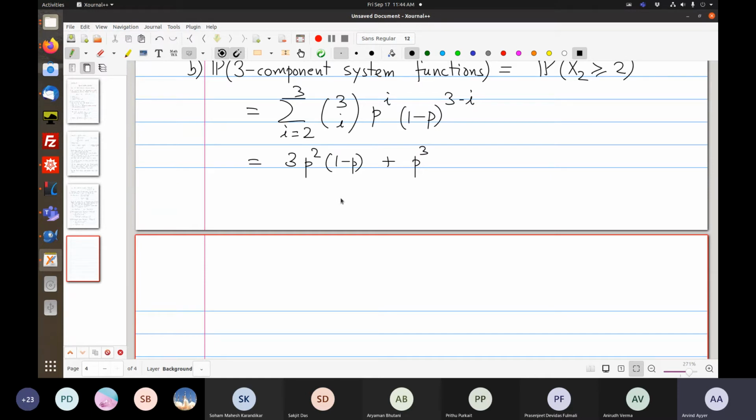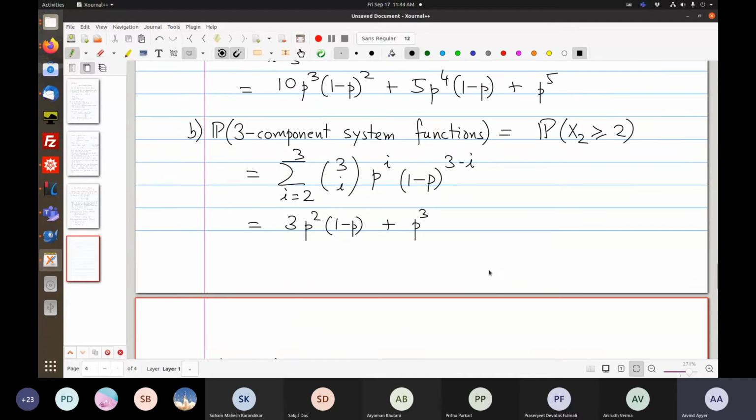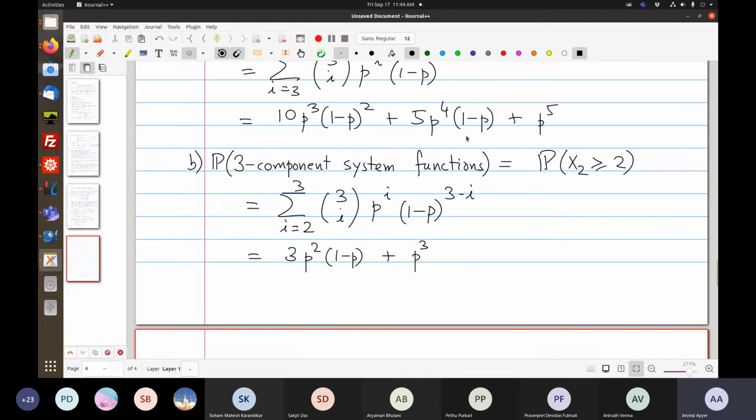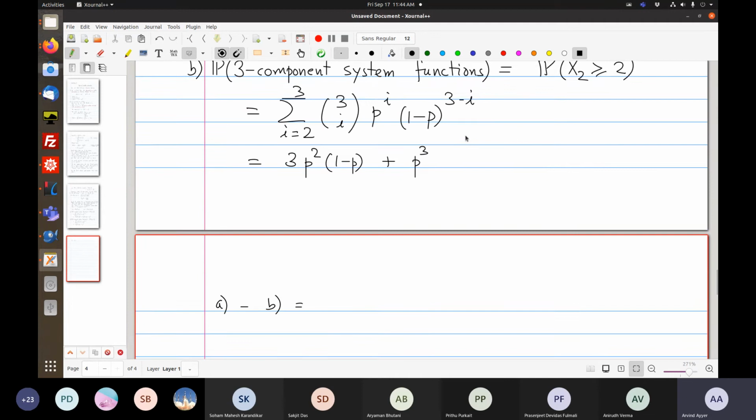Alright. So now we want to compute a minus b. So a minus b is equal to what? We want to say that this probability is greater than or equal to 0.